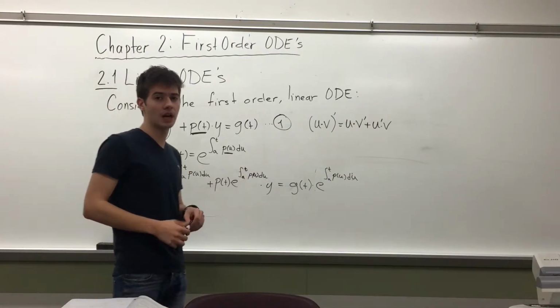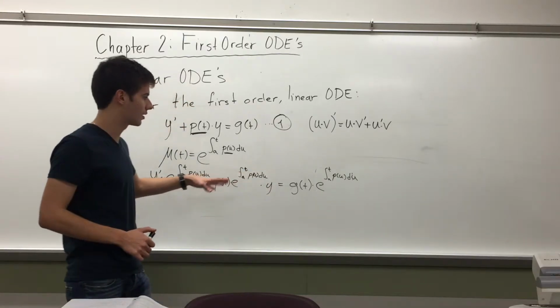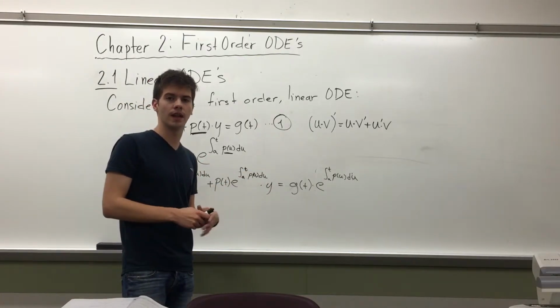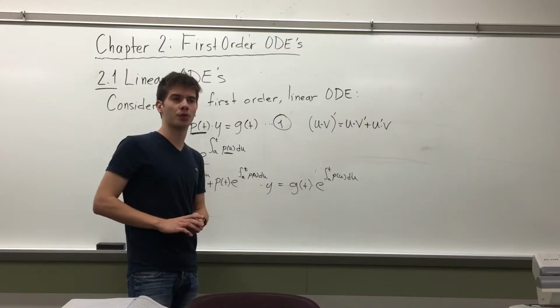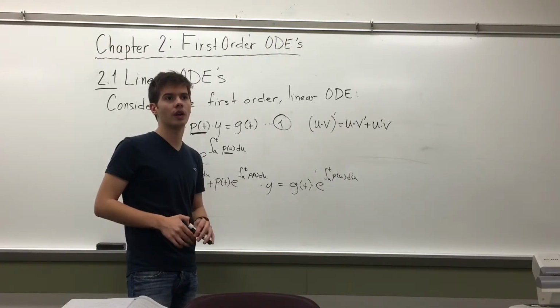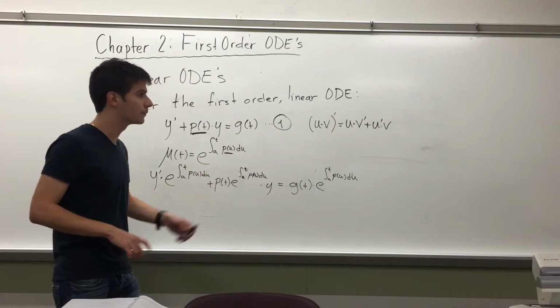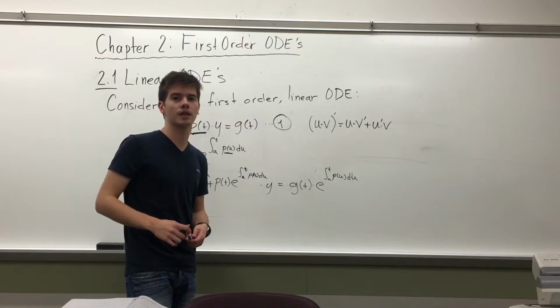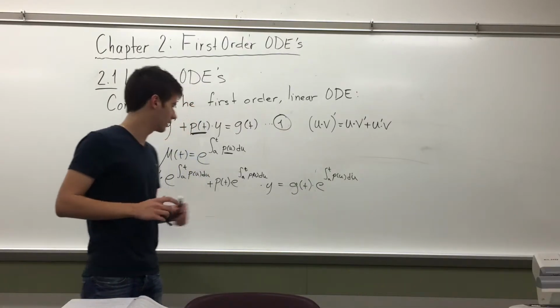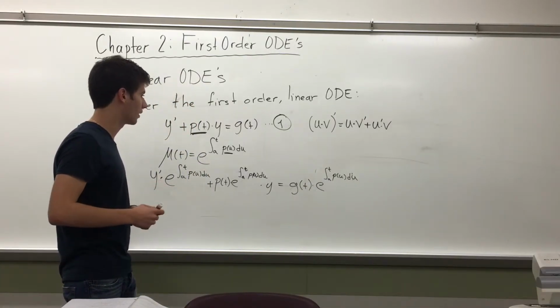I remember the first time I saw this derivation, I thought it was too messy. I couldn't understand it very well, but it makes a lot of sense once we go through exercises. So don't worry if this seems a little bit confusing. Next video, I'm going to solve many exercises, and I'm pretty sure you're going to be able to follow everything.